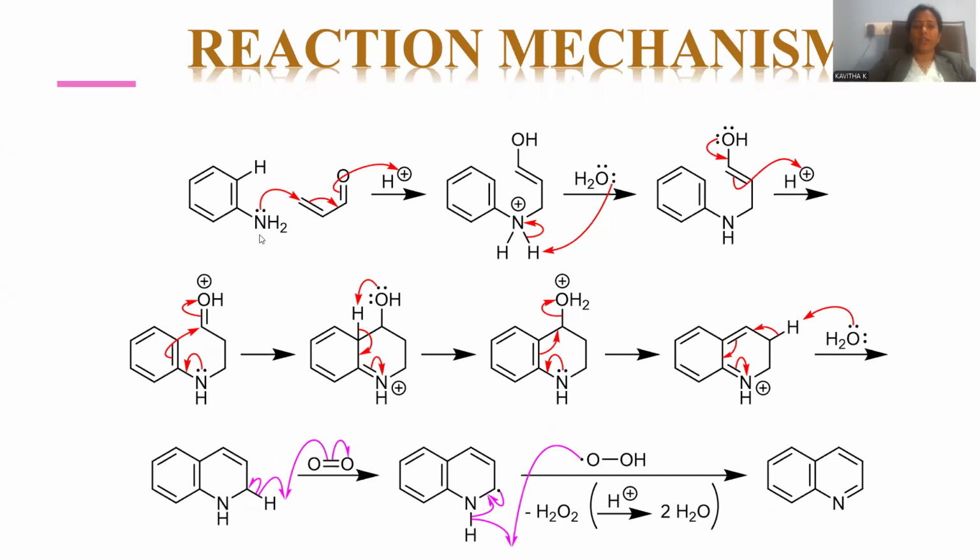In order to get that, aniline is reacted with pyruvic acid, that is an alpha beta unsaturated aldehydic compound.